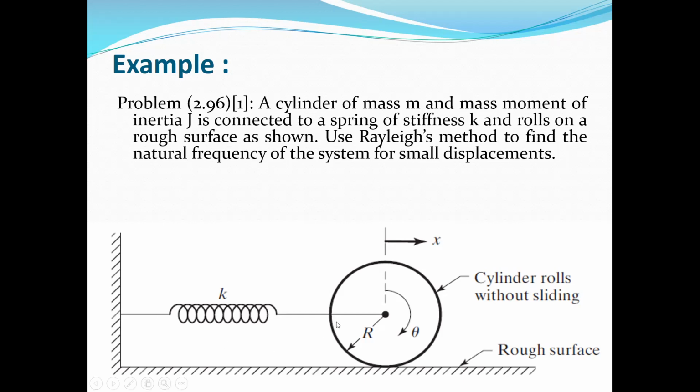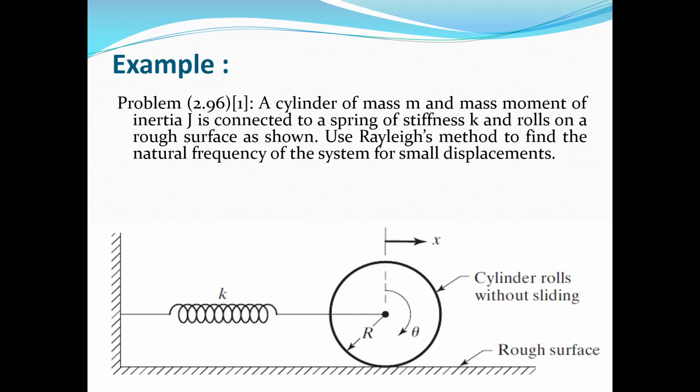Here we have a cylinder. As you know from the dynamics from MM366, the kinetic energy for a rigid body is equal to half times the mass of the rigid body times the velocity of the mass center squared, plus half times the mass moment of inertia about the mass center times theta dot squared, where theta dot is the angular velocity of the rigid body.